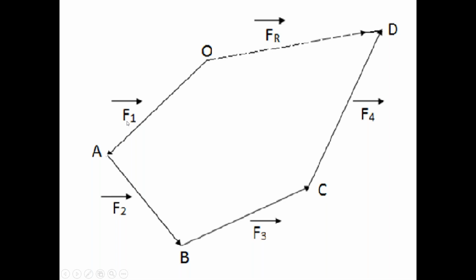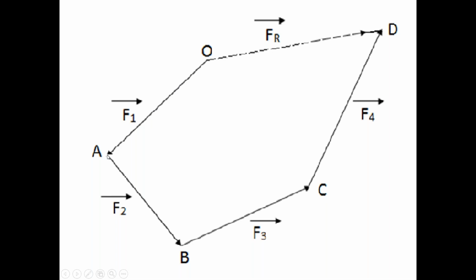So please follow the Polygon law of forces to find out the resultant force of the 4 forces F1 bar, F2 bar, F3 bar and F4 bar. This is a graphical method. So in that graphical method, on the white paper, select point O. From point O, draw a straight line parallel to the direction of force F1 bar.